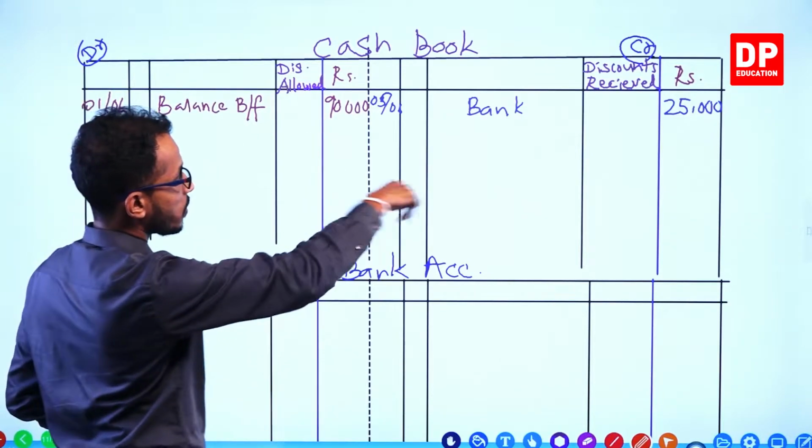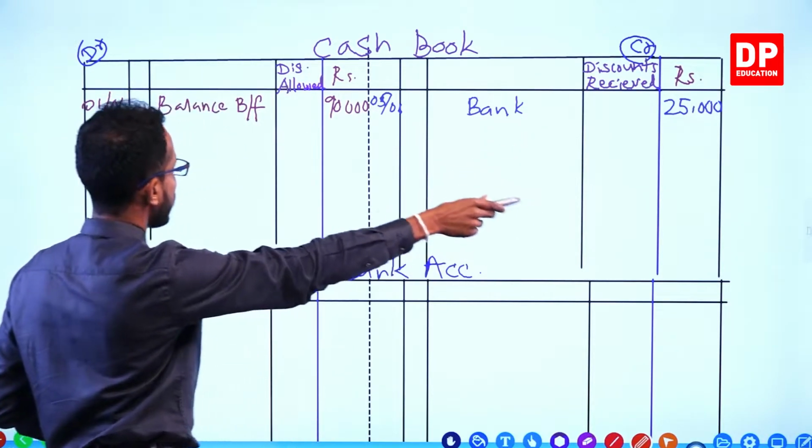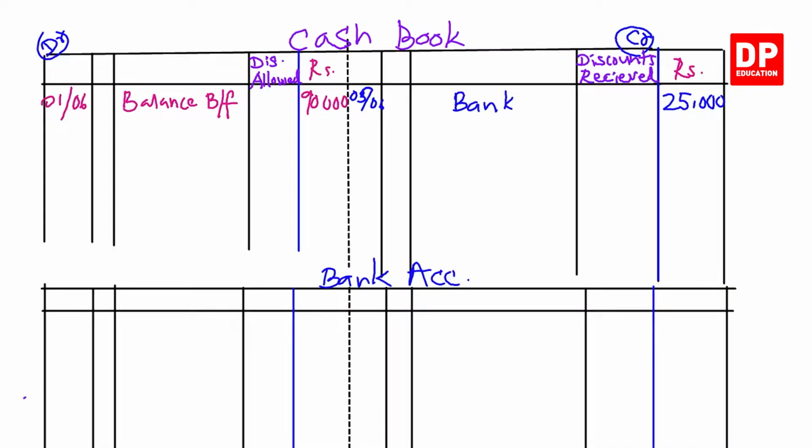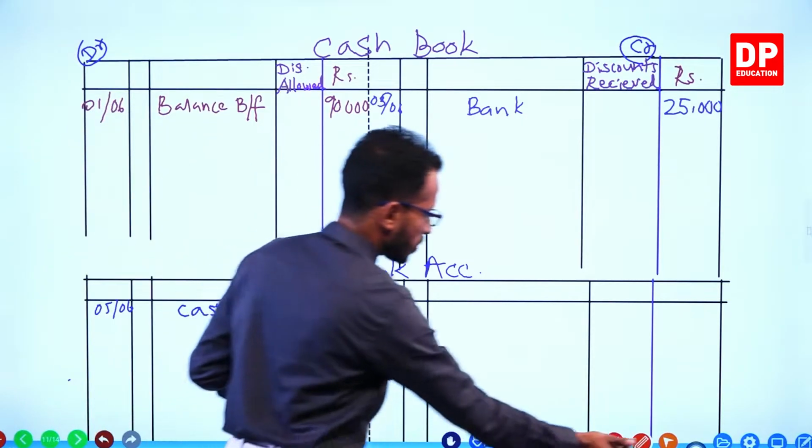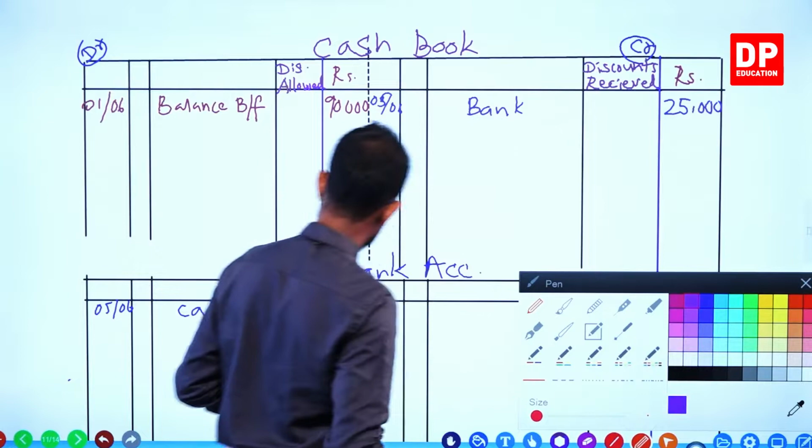Cash book credit. Bank book debit. Description cash, 25,000. Oh, we haven't mentioned the discount columns.